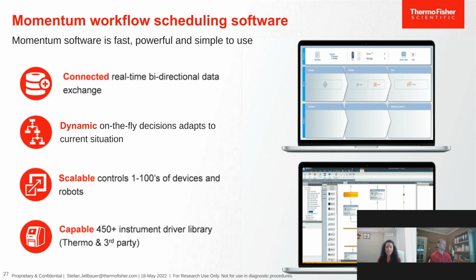It is highly dynamic, making on-the-fly decisions to situations. Some of them are inbuilt and others can be added while you design your experiment. It is highly scalable, a single software being able to control multiple devices, multiple robots, and also simultaneously communicating with external repositories such as LIMS. It is highly capable with an ever-growing library of over 450 devices, Thermo and non-Thermo instruments.